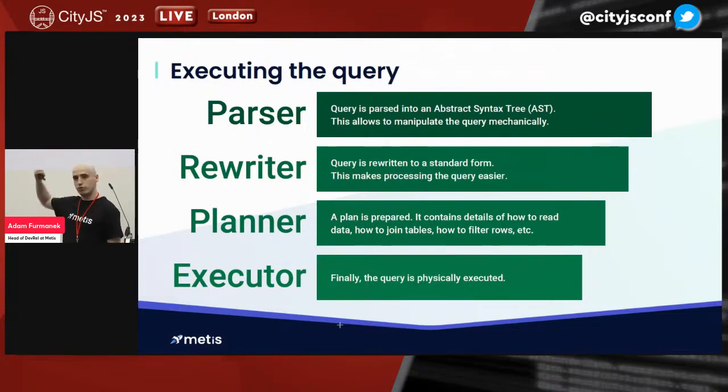This prepares the third part, which is the plan, meaning that the SQL engine, before going and grabbing all the data from the database, wants to plan how it will do that: whether it is going to use this join strategy, this index, that index, whether it is going to filter first or filter later, and whatnot. And finally, the SQL query is executed based on the plan.